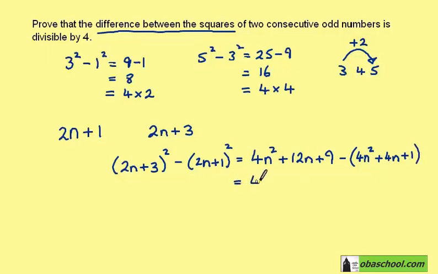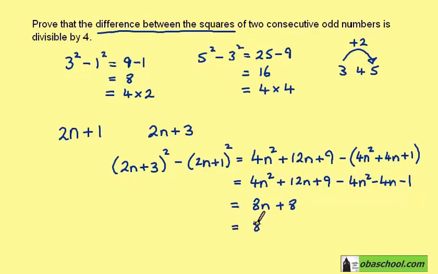Expanding the bracket now, we have the 4n squared plus 12n plus 9, take away 4n squared, take away 4n, take away 1. 4n squareds cancel, 12n take away 4n is 8n, and 9 take away 1 is 8.